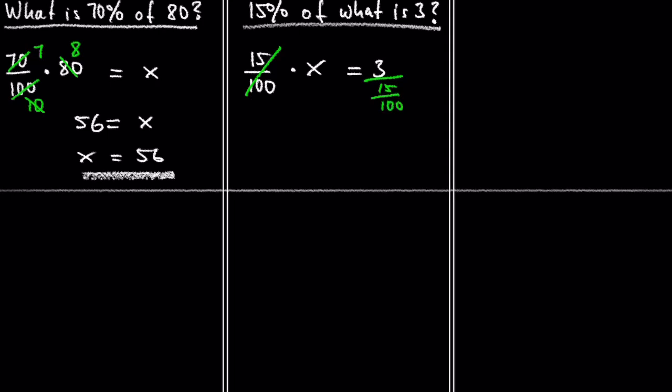And on the right-hand side, we can write 3 over 15 over 100 as 3 times 100 over 15, because we divide fractions by multiplying them by the reciprocal. 3 divided by 3 is 1, and 15 divided by 3 is 5. So we get 100 divided by 5, which is 20, and we are done with this problem.